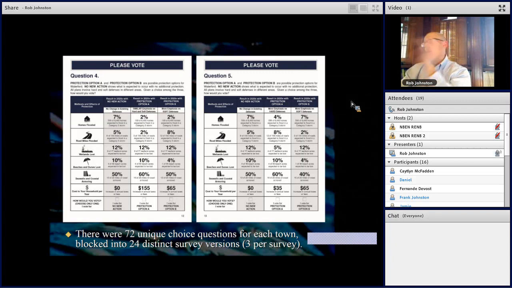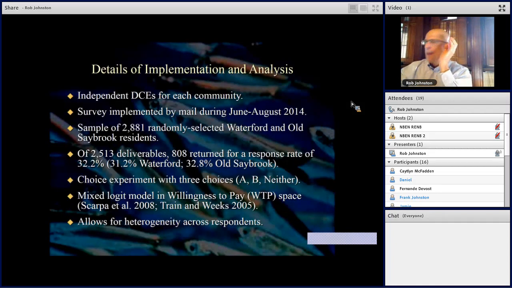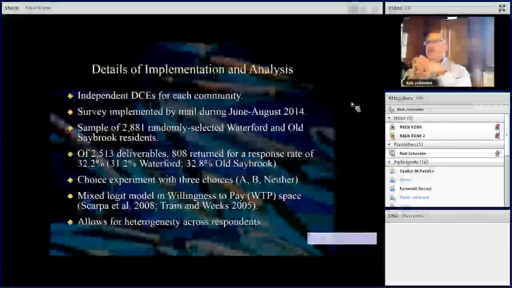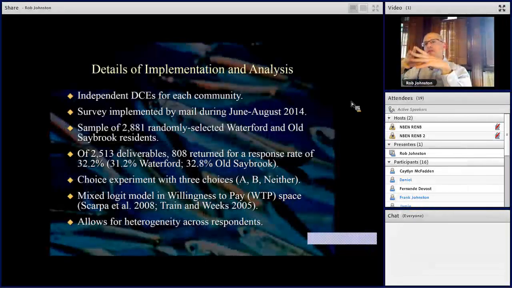Okay, so just background stuff. So we developed 2 independent surveys for each community. These were implemented in 2014, sent out to roughly 3,000 people, and of those, about 2,500 were deliverable, right? You get certain ones back because the addresses are bad.